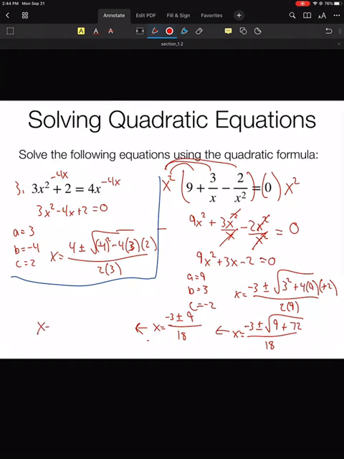So 6 over 18, x equals 6 over 18, which we can reduce to a third, or x equals negative 3 minus 9 is negative 12 over 18, which simplifies to negative 4 fifths.